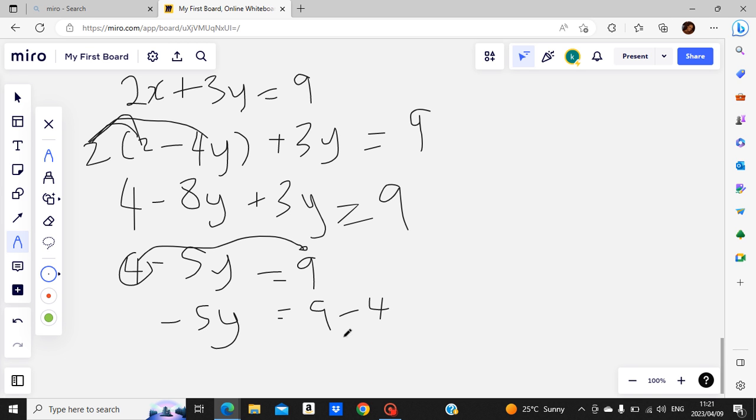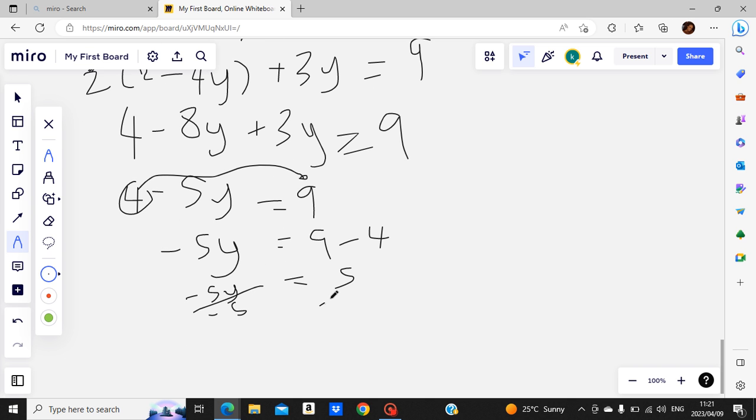Remember, when the 4 comes to the other side, it needs to change signs. It's going to become a minus. So 9 minus 4 will give us a 5. So minus 5y equals 5. But we're looking for y, not a minus 5y. So we have to divide by minus 5. This will cancel, and then our y will be equal to minus 1.